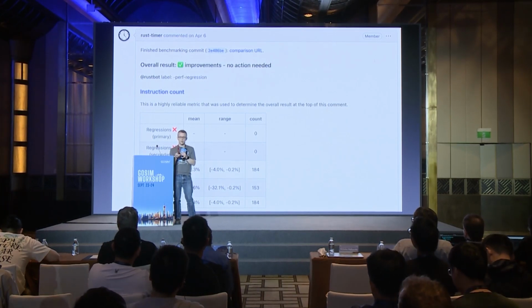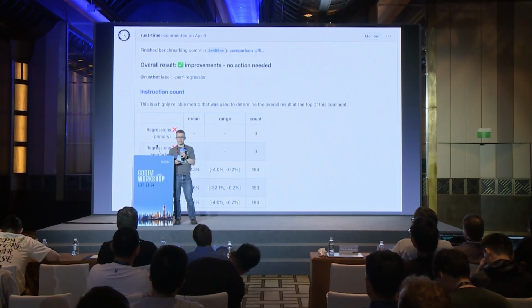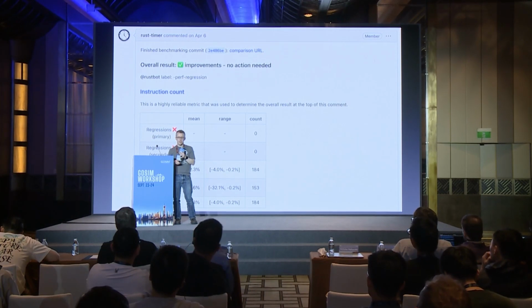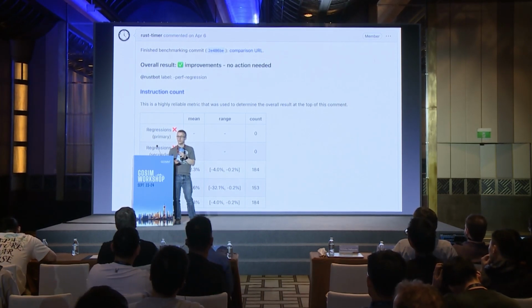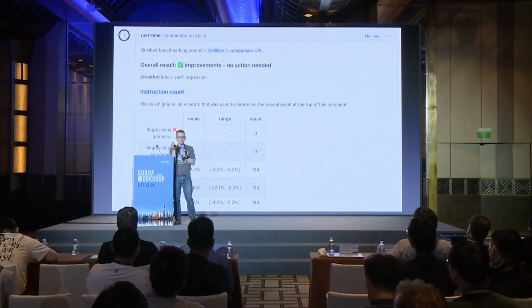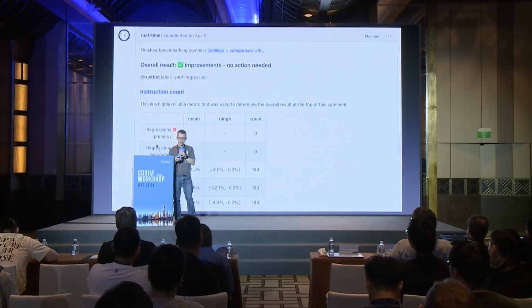And then the next 2 rows show improvements, and you can see we had 184 improvements to the primary and 153 to the secondary, and so this was a very good pull request that made a good performance improvement. If it was a regression, then the label at the top would say the results are bad, action is needed, please reconsider whether it needs to improve things somehow or back this out.